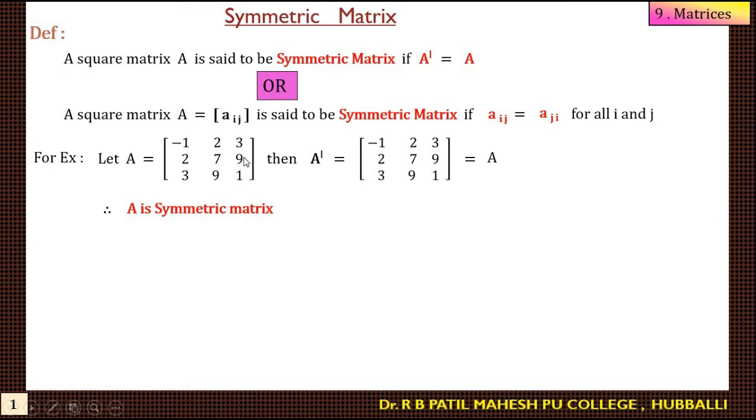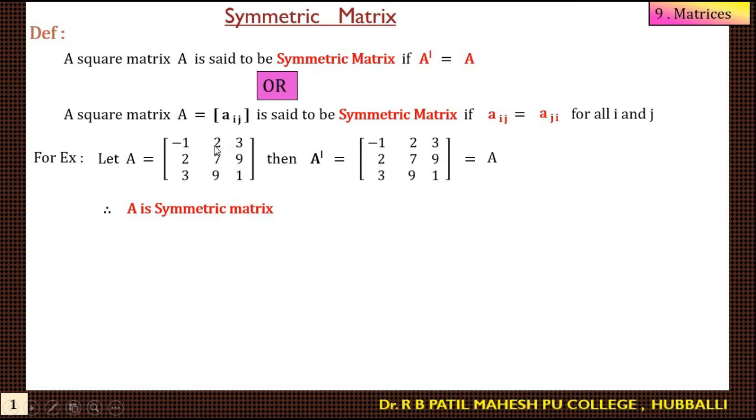The a23 position and the a32 position are both 9, the same number. For diagonal elements, if you reverse the subscript, it is the same number. For example, a11 reversed means a11 only, so it remains the same, minus 1. For a22, if you reverse the subscript, it is a22 only, so it is the same element, 7. So diagonal elements we should not worry about.